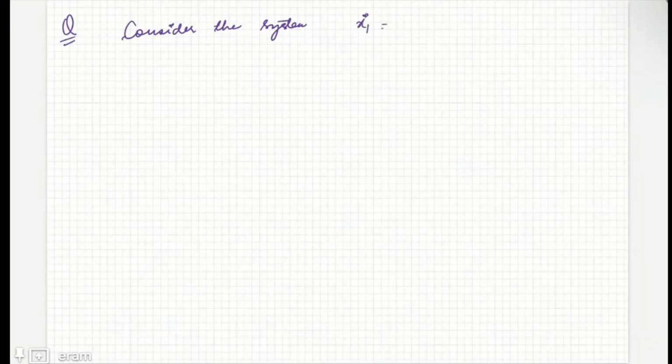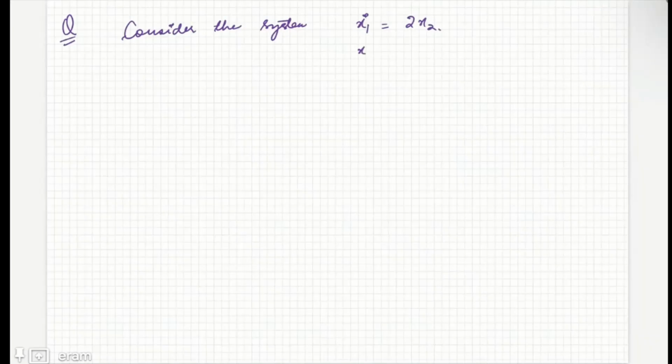Now let's solve a few problems. Suppose that we are given a system, a second order system is given to us. So consider the system x1 dot equals 2x2.